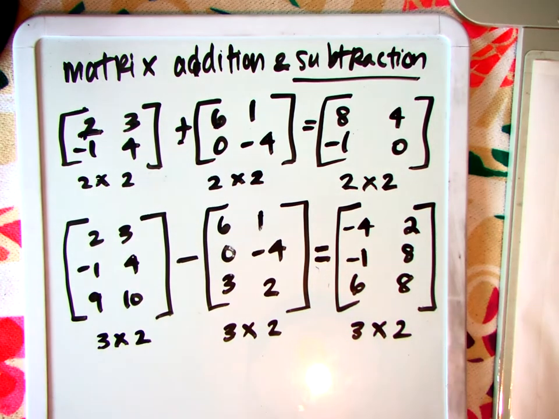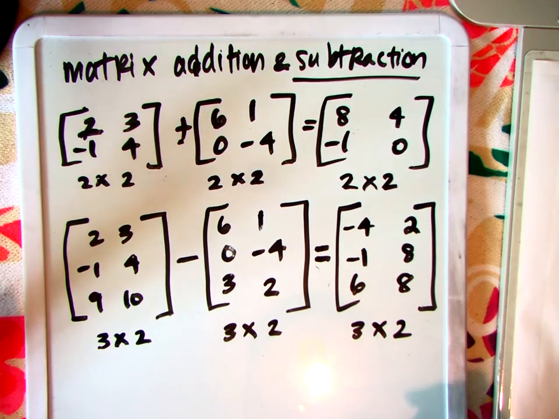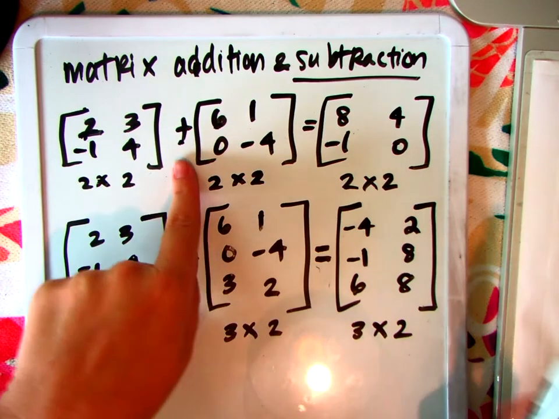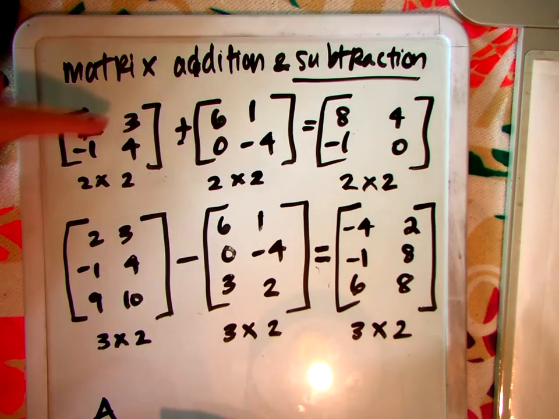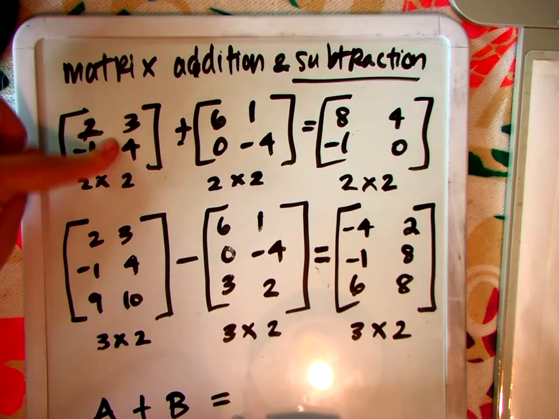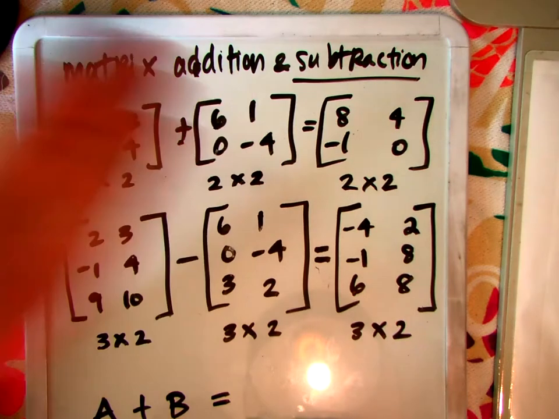So there are properties of real numbers that correspond to matrices. So this matrix addition, for example. If we have matrix A plus matrix B, right? If we add these two matrices, would the answer be any different if I did it in the opposite order?